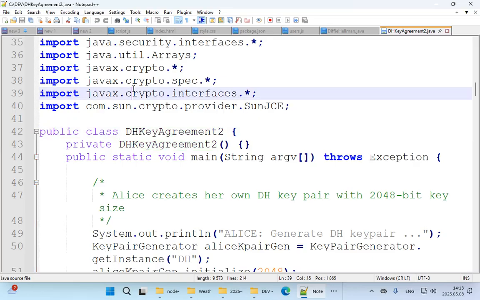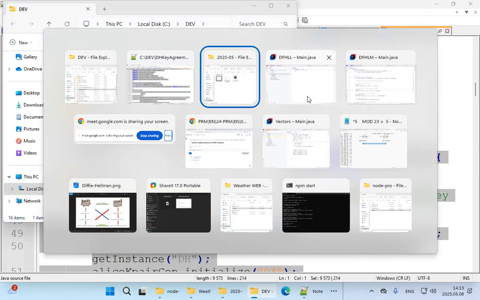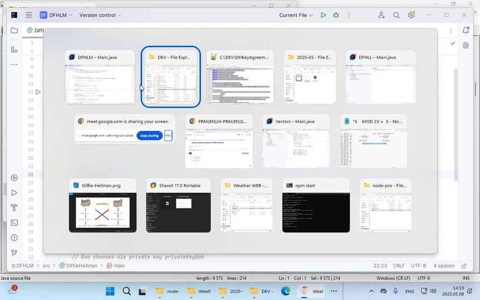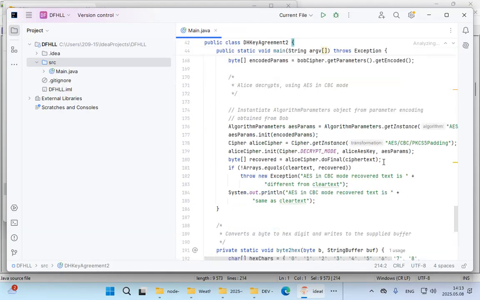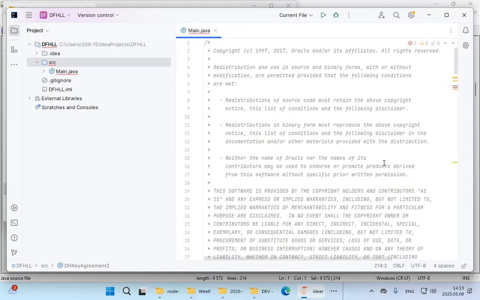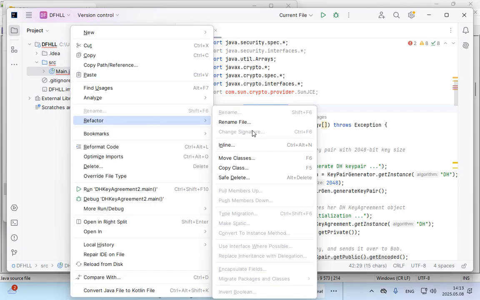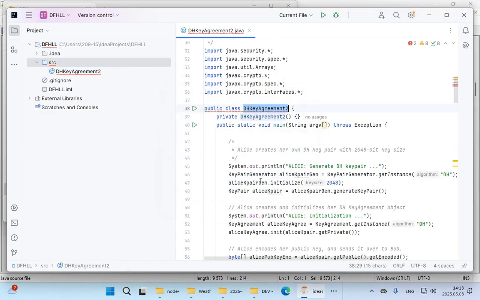Okay, so here I just copy that and launch it.